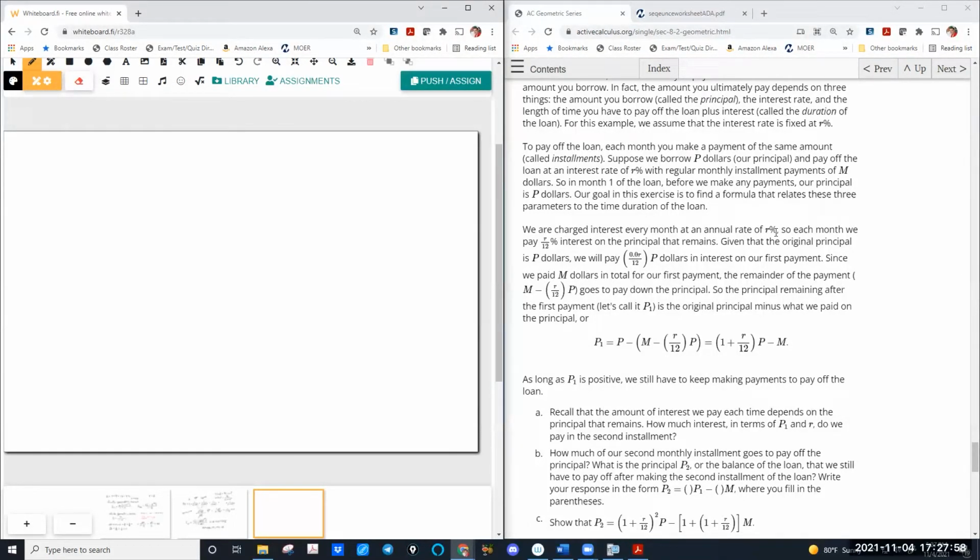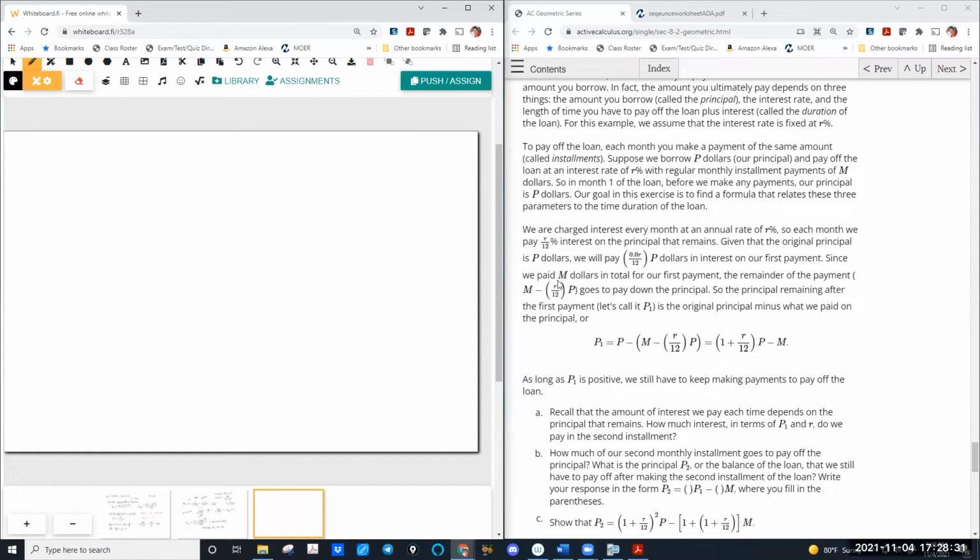basically, we're at some interest rate, R%. Okay. And so what happens is that R gets broken up over our 12 months. And so each month, you only pay 1/12 of the total interest rate. Now, what happens each month is you have some monthly payment, and then you pay off that payment.